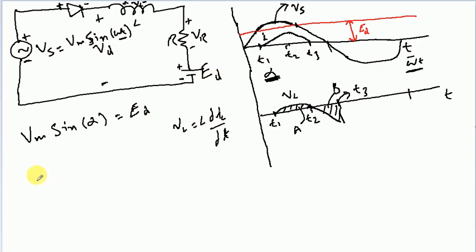And if you want to determine the value of alpha, this is how we can determine it with the help of this equation, if you already know the actual numerical values of the source voltage and the voltage across the DC source over here.